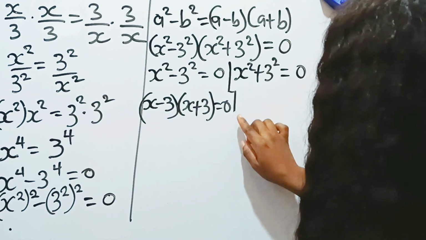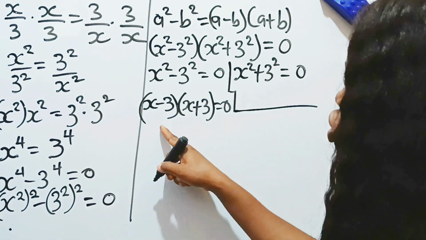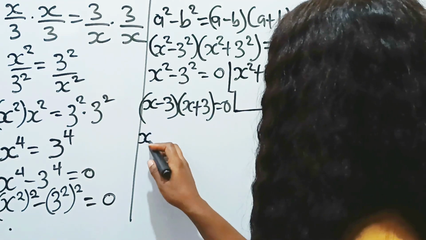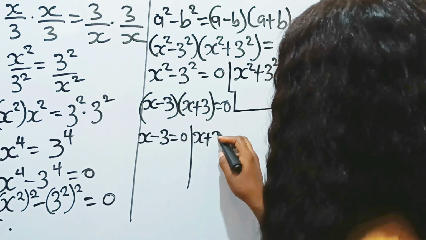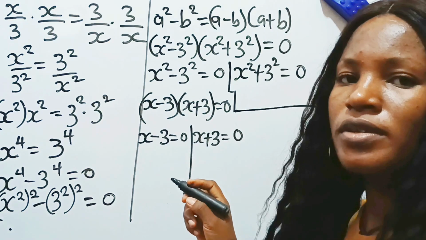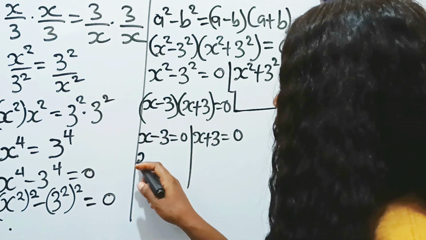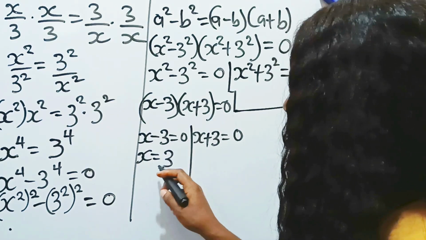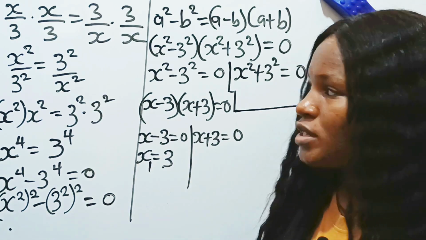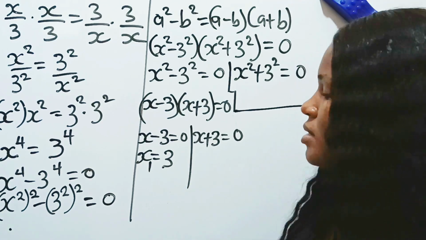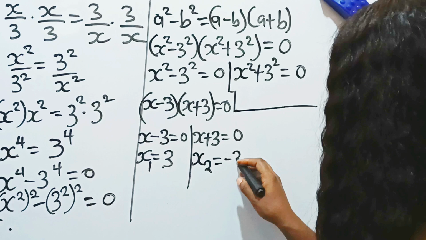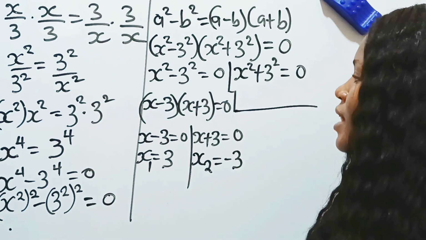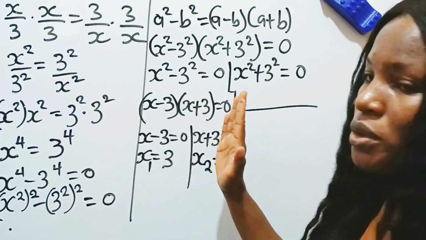Now from here we have formed another two equations, that x minus 3 is equal to 0 and that x plus 3 is equal to 0. So from here we can see that x is equal to 3, right? Being the first value of x, we are to get the 4 values of x. And from here we can see that the second value of x is minus 3, okay, and that is it for this side of the equation.